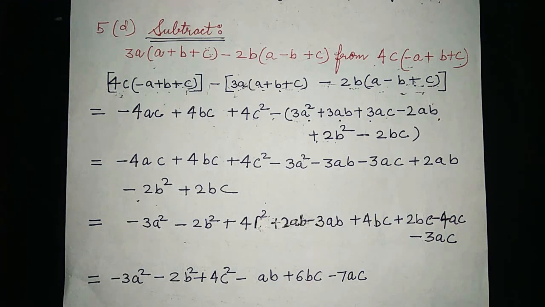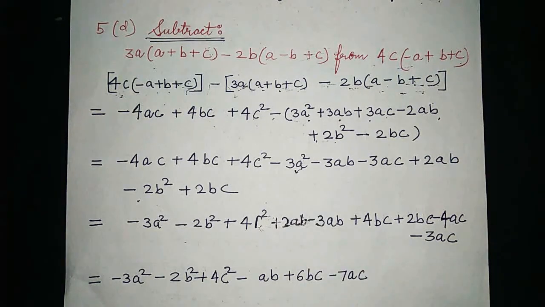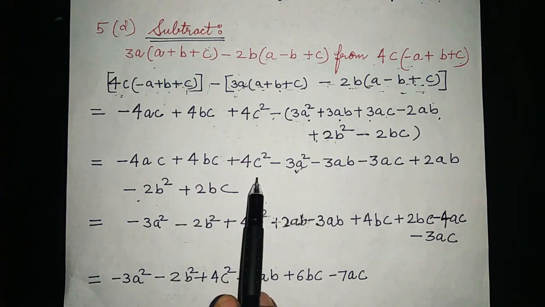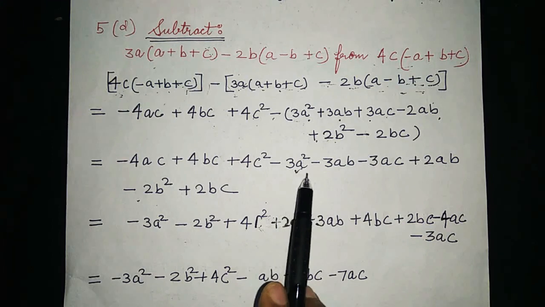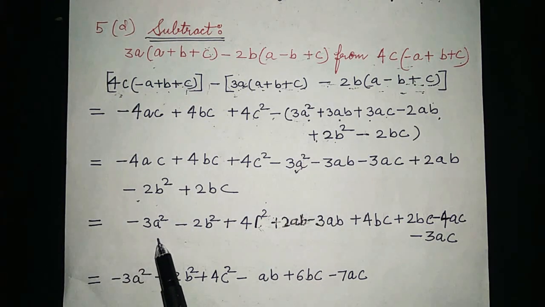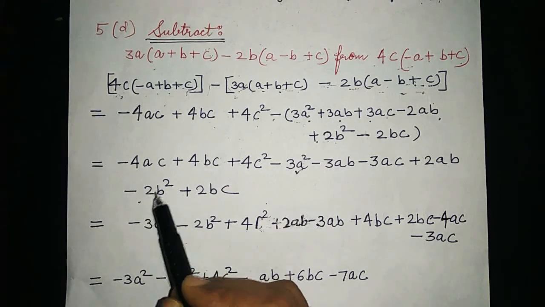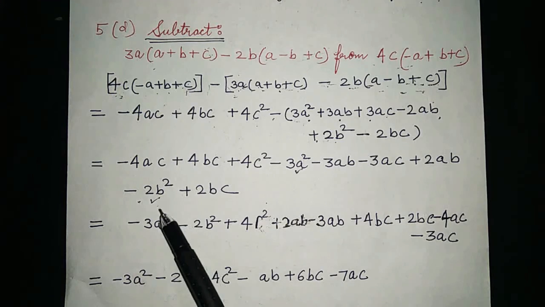Now, first we will write this minus 3a square. And now we can see any like term, we can't see like minus 3a square. So, after this we will write the next term. Next one is minus 2b square. We are not getting such type of like term also.